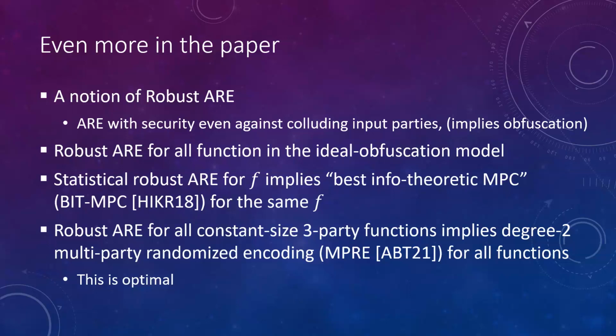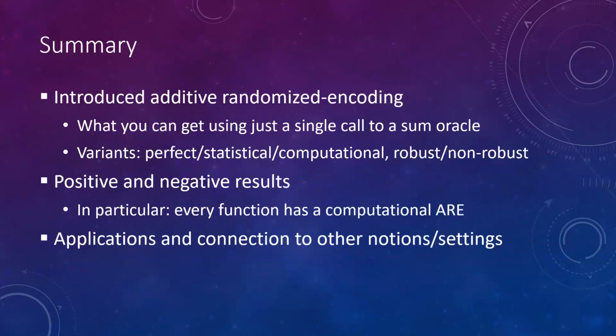This is a notion from a couple of years ago. We have a connection of robust ARE for all simple functions. Simple is whatever the slide says. It implies a degree 2 multi-party randomized encoding, which is optimal. All of this you can find in the paper.